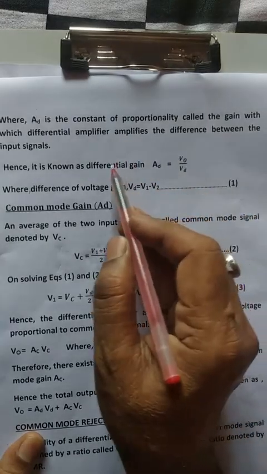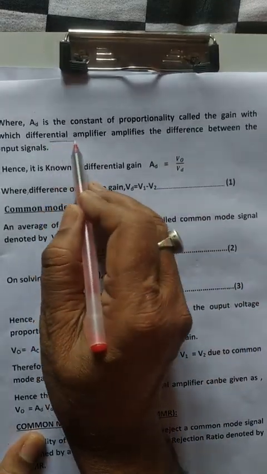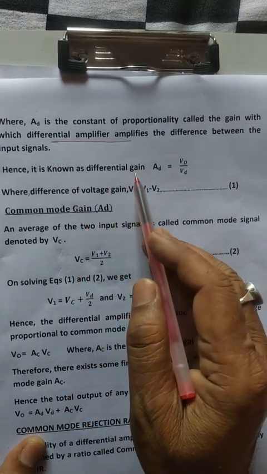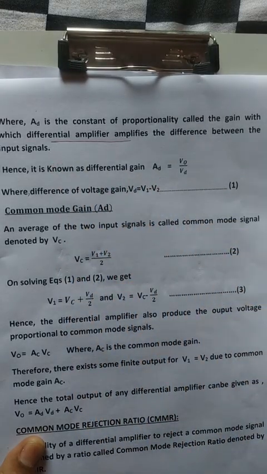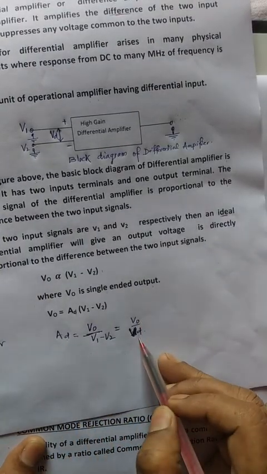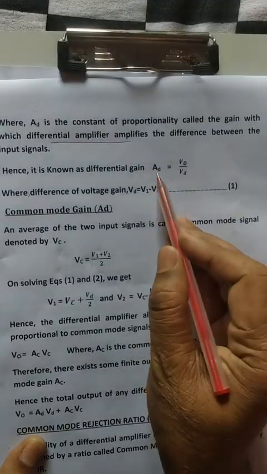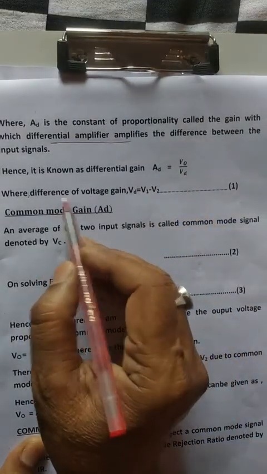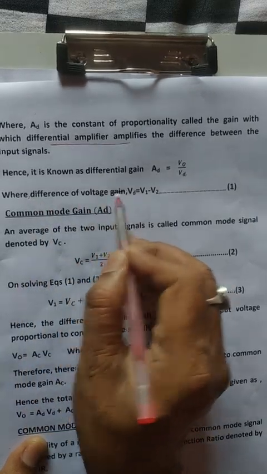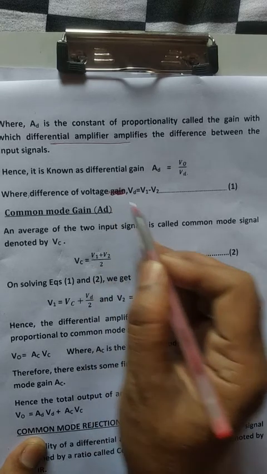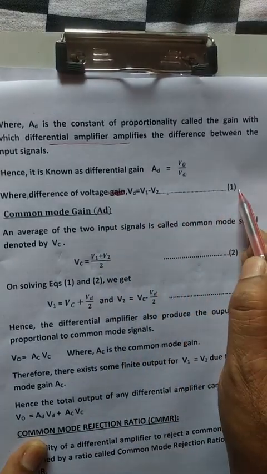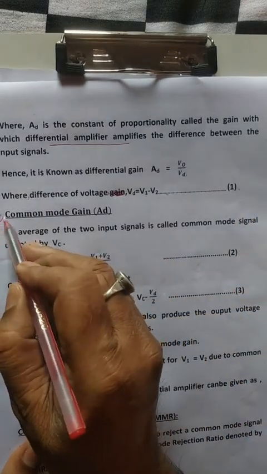The differential amplifier amplifies the difference between the inputs, hence it is known as differential gain. AD is equal to VO by VD. What is VD? VD is the difference of voltages, V1 minus V2. We assume it equation 1. Now we shall discuss common mode gain.